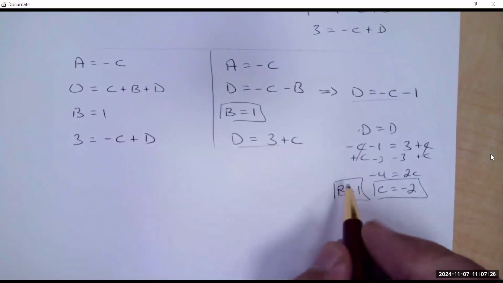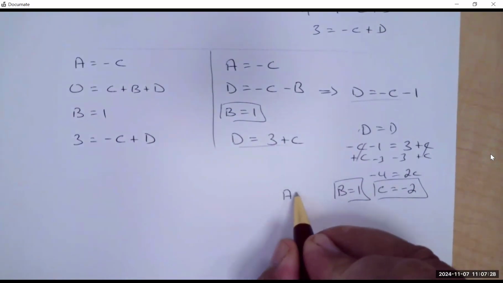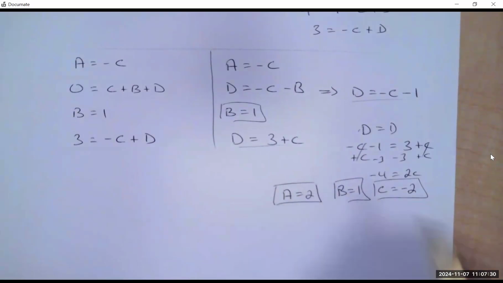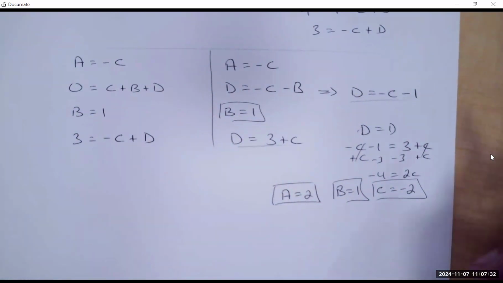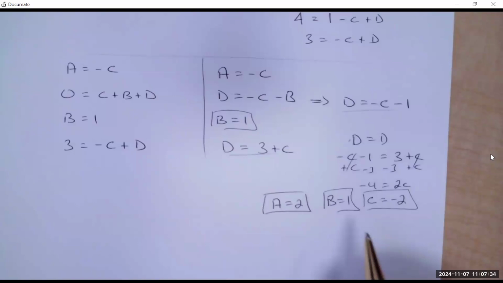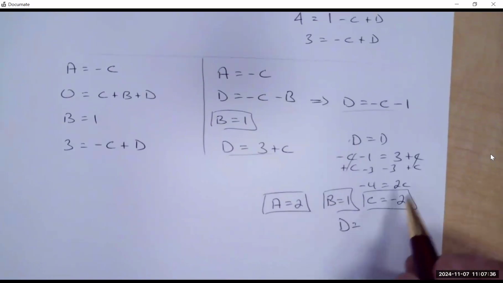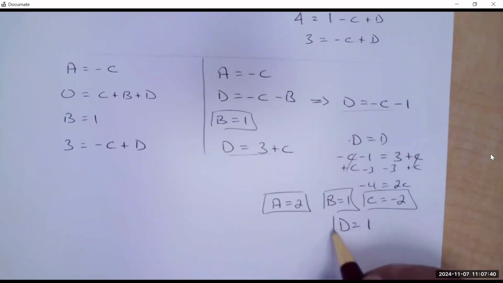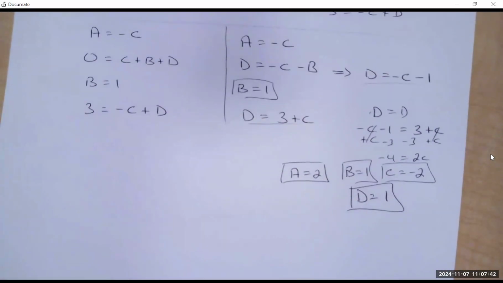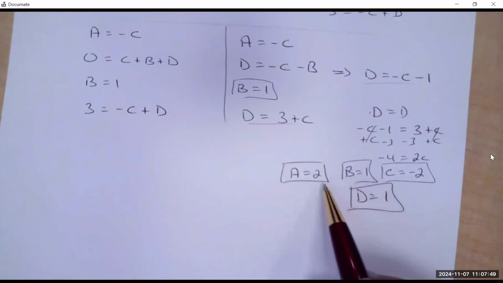Since A equals negative C, then A equals 2. Then D, since negative 2 is 2 minus 1, is 1. Those are the solutions. So B is 1, C is negative 2.